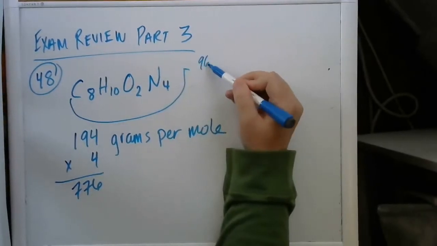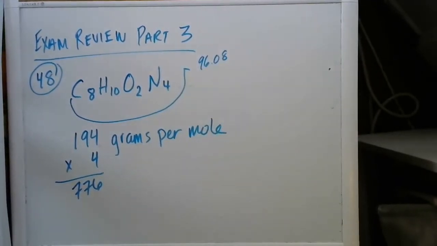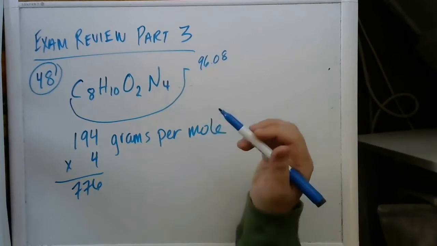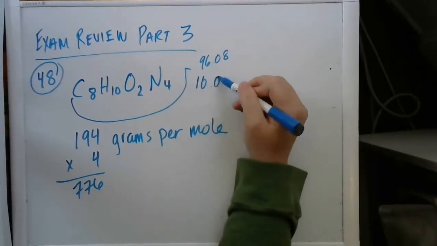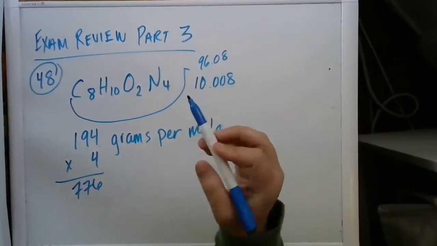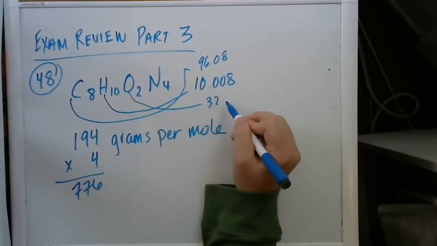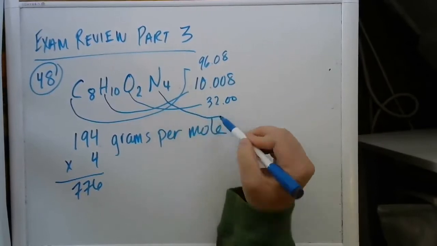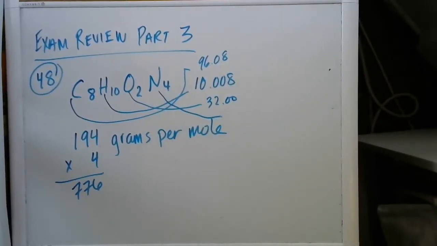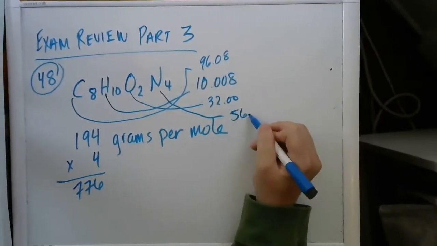That's going to be 96.08. Hydrogen is going to be 10. Oxygen is going to be 32. And nitrogen is going to be 56.04.